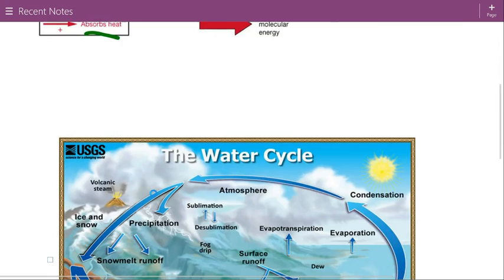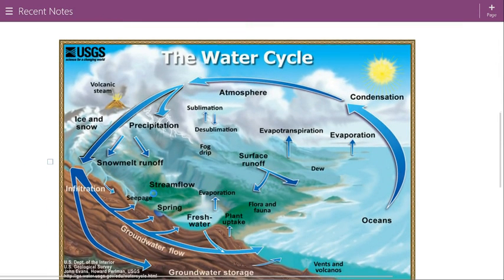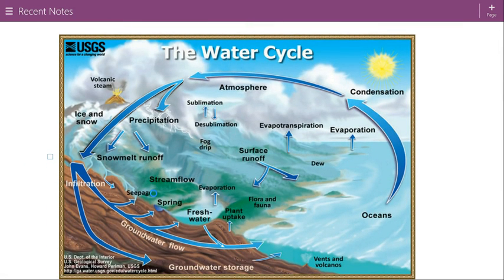Okay, so our water cycle over here, we've got the main parts that you hopefully learned about in elementary school. We've got evaporation, condensation, and then precipitation. So evaporation is when liquid water from the oceans or rivers, lakes, absorbs enough energy and becomes water vapor.